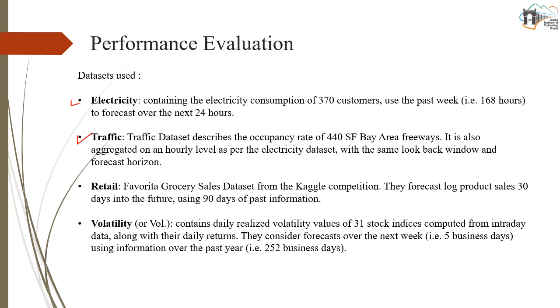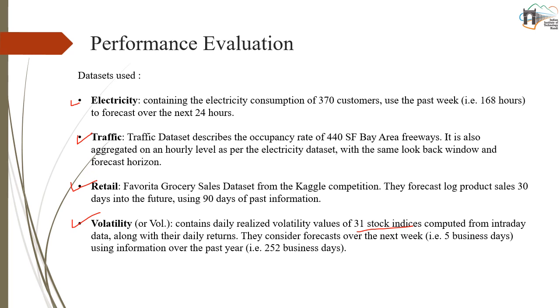Now the fourth one was volatility. It was the most difficult of these data sets, because the first two were the simpler ones and these two were very difficult ones. Volatility contains the daily realized volatility values of 31 stock indices, computed from intraday data along with their daily returns.